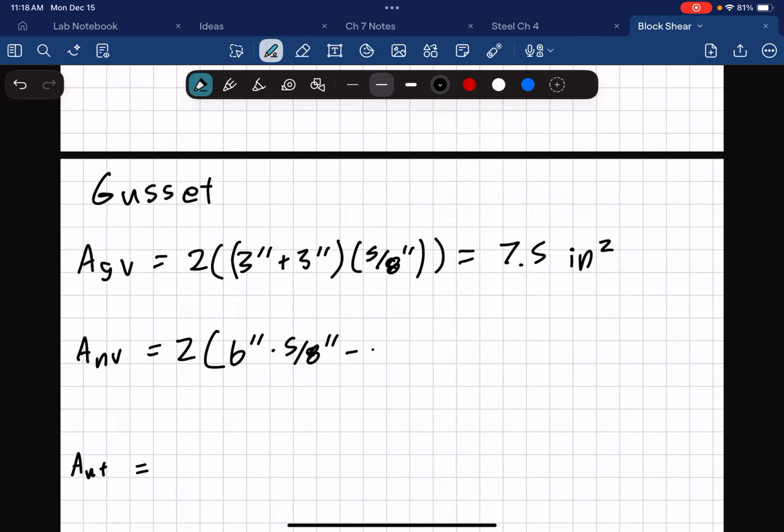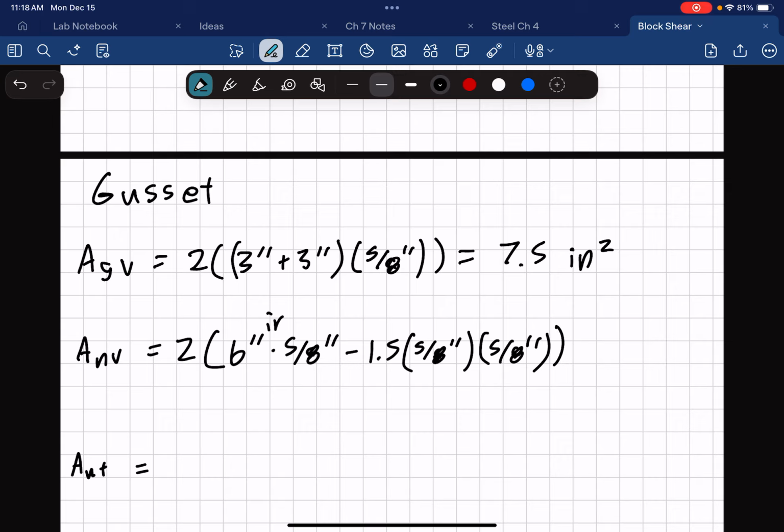Then once again, we're going to have 1.5 bolt holes multiplied by 5/8 of an inch times 5/8 of an inch again, because the thickness of the material is 5/8.